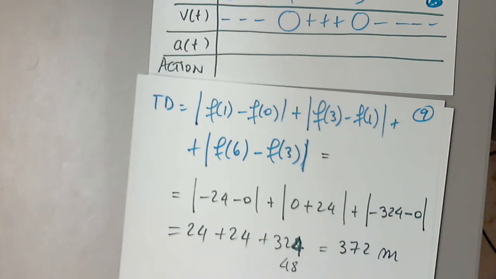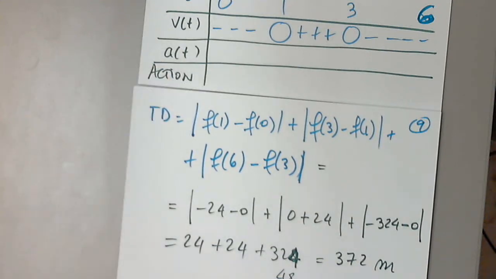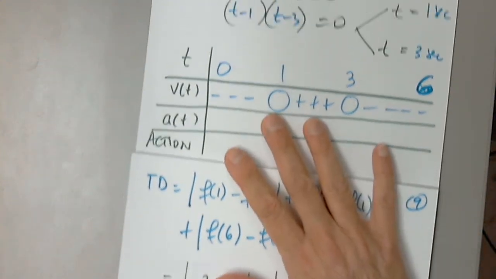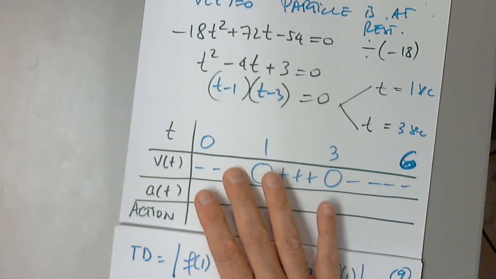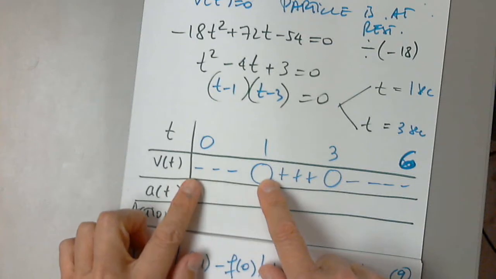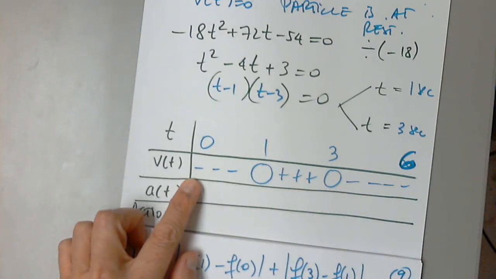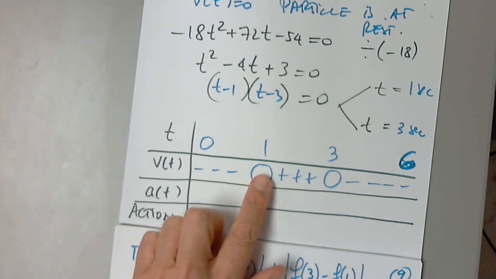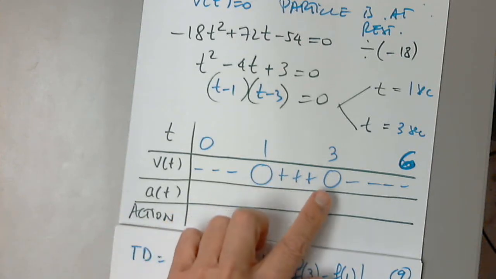So now find the acceleration at time t and when the velocity is 0. Yes? I know you have to do the first 6 seconds, but how do you know to do the 1 minus 0, 3 minus 1, and 6 minus 3? Very good. Because this is what it says. The particle starts at 0, but goes to your left. A second later, it turns around and goes to your right for 2 seconds.